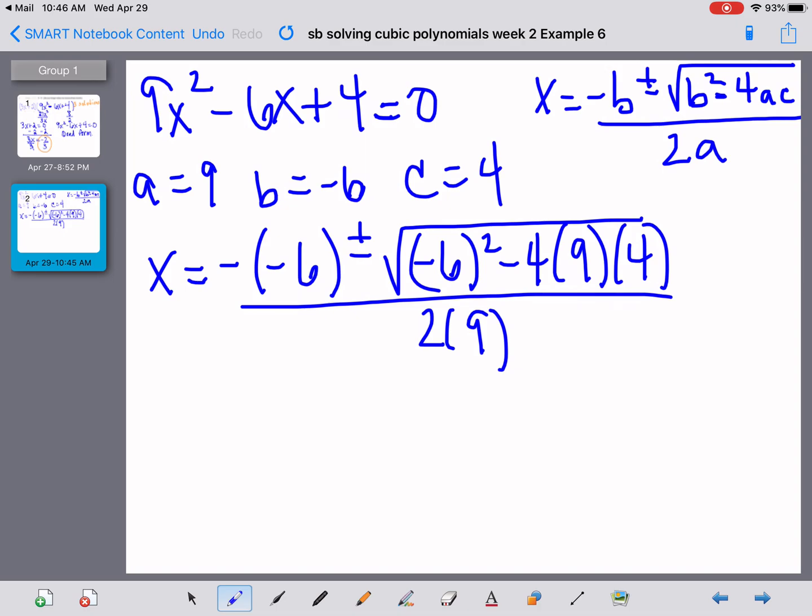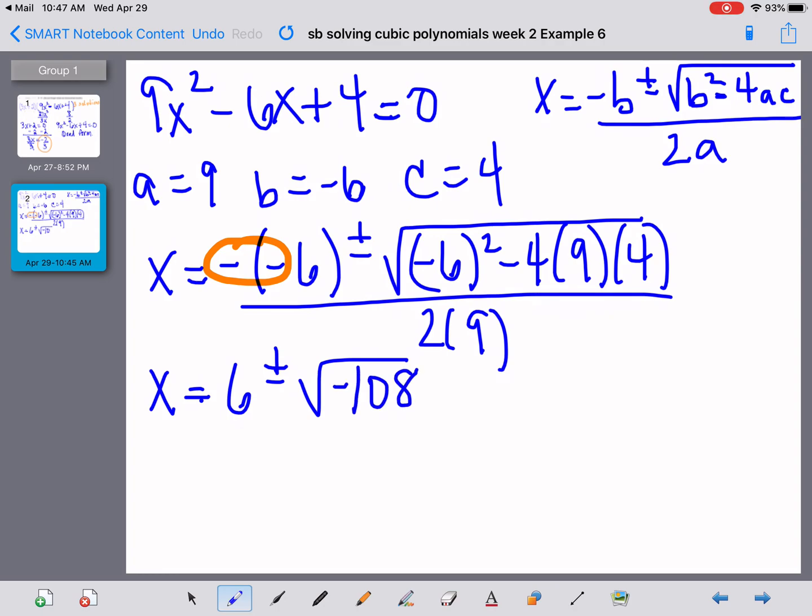Well, when we simplify that a little bit, this double negative here becomes a positive. So we get x equals 6 plus or minus, when you type in what's underneath the square root, we end up with negative 108, all divided by 2 times 9, which is 18.